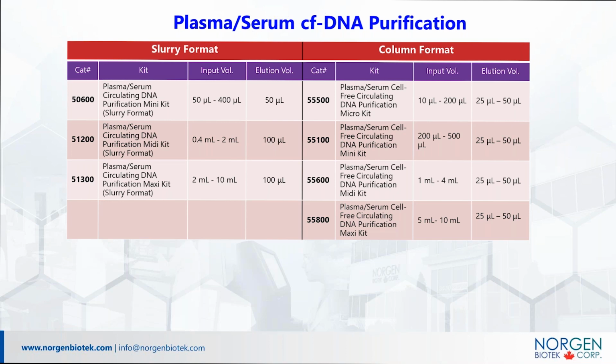So your DNA is going to be super concentrated, and you can easily go to any of your downstream applications. Whereas for the slurry format, you can elute in 50 or 100, and then we recommend another kit to further concentrate the DNA into a smaller volume. However, the quality and the quantity from both formats are considered the same.